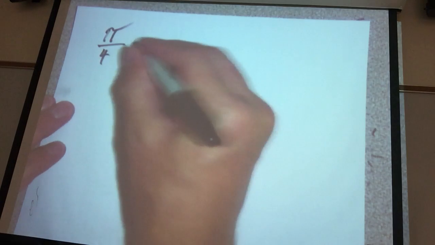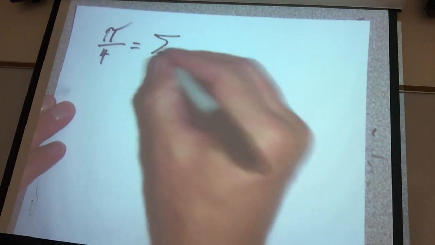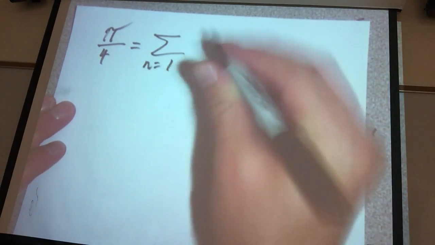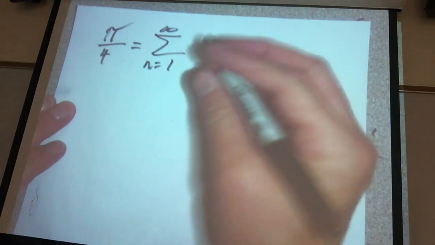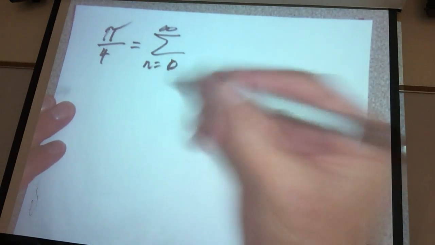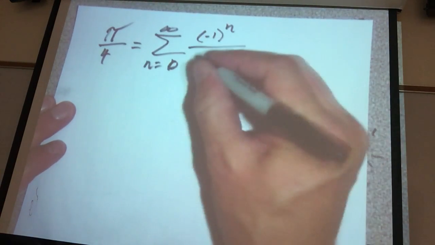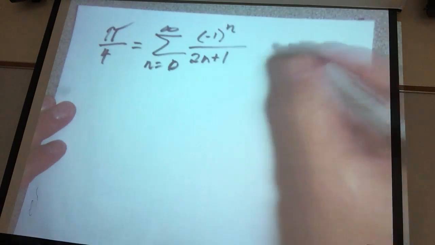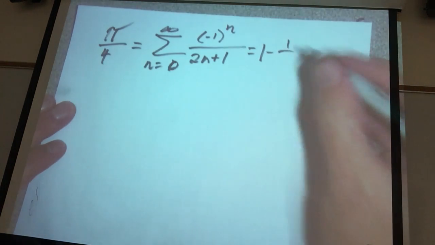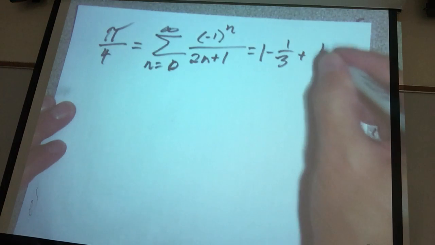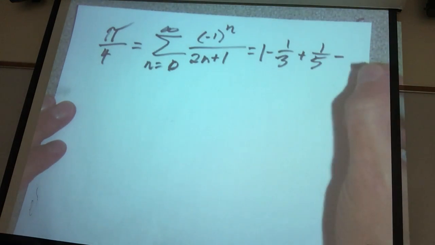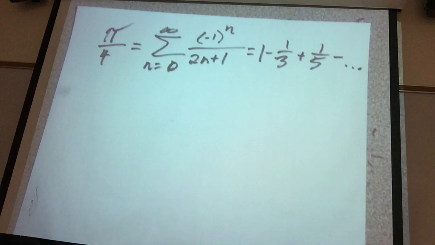I'll show you how to formulate this later on, but pi divided by 4 equals the sum from n equals 0 to infinity of (-1)^n divided by (2n plus 1), which becomes 1 minus 1/3 plus 1/5, like that. And it goes on forever. Okay?